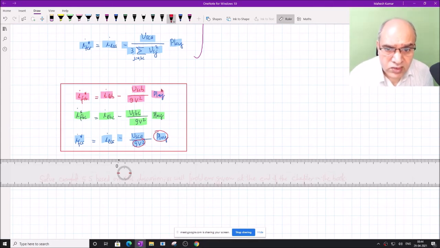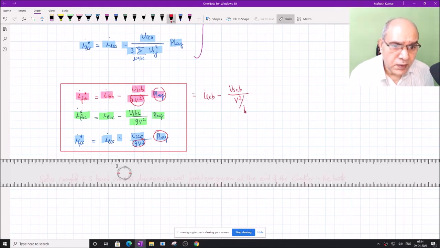Therefore, if we look at this expression, it becomes ILAB minus VSAB by V square, or 3V square if you want to say, line to line voltage square, divided by PL average by 3. Are you following me?